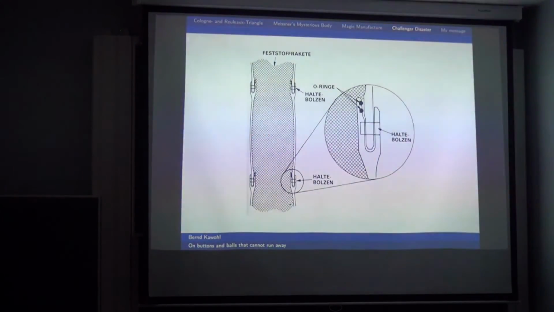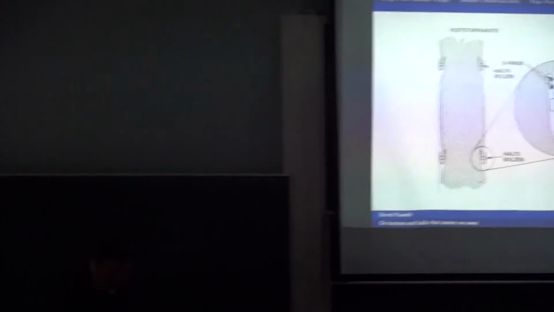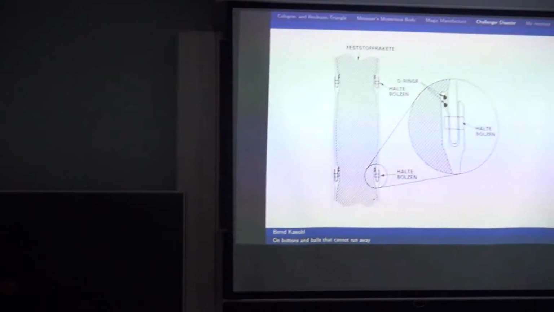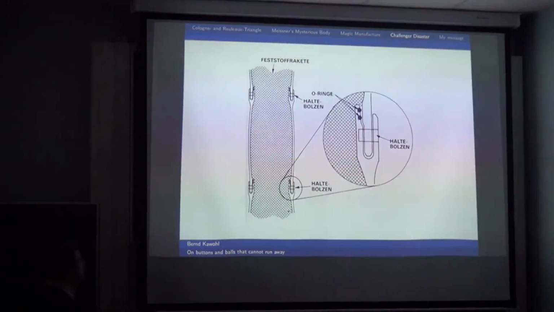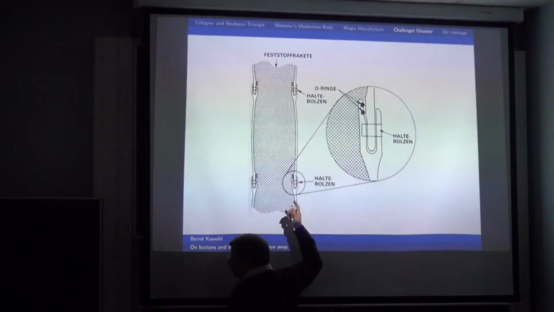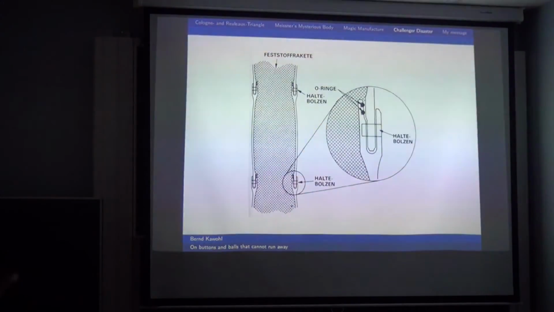An O-ring is something like this. So it's a rubber ring, yes? And during start, there's a lot of pressure on this rocket, so the material is working, and maybe this gap opens a little bit, but since there is the rubber ring in there, there were even two rubber rings in there, nothing could happen. That's what they thought, yes?